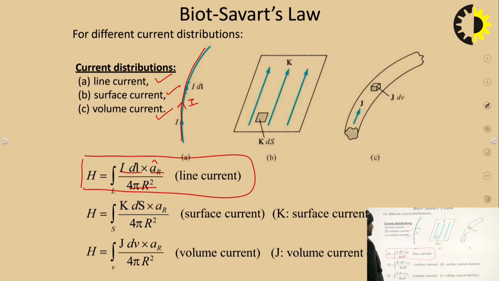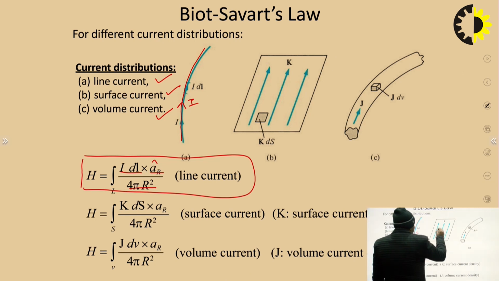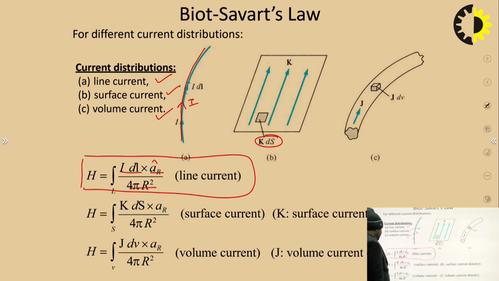If the current is distributed over a surface, with surface current density K times dS in a particular area, the magnetic field intensity changes from the line current element to the surface current element, which is equal to K dS cross aR upon 4 pi R square.